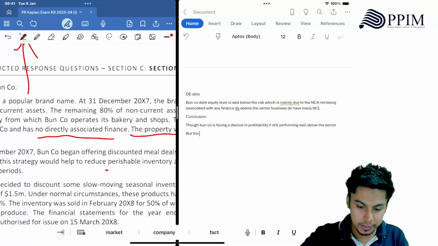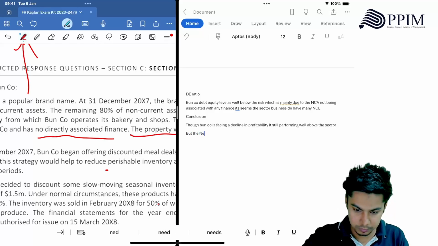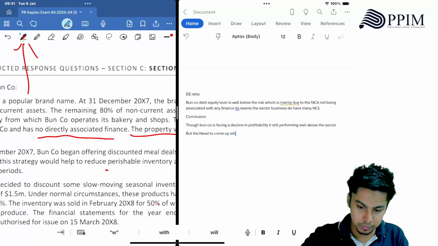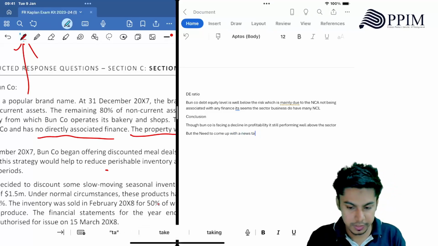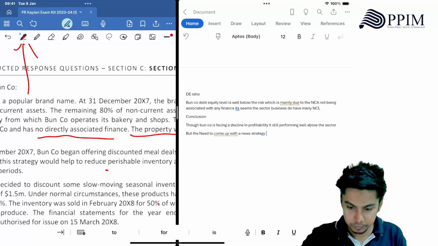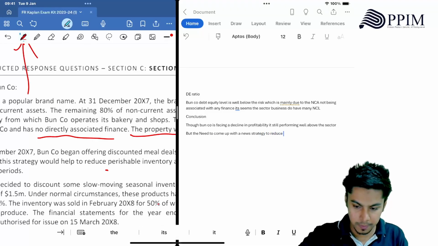But they need to come up with a new strategy to reduce the inventory holding period.